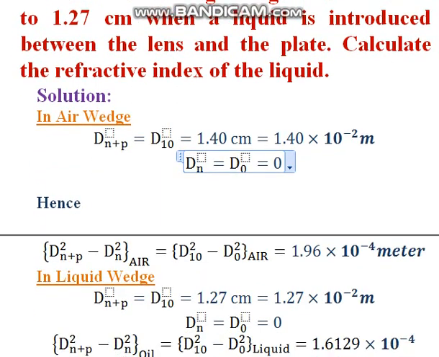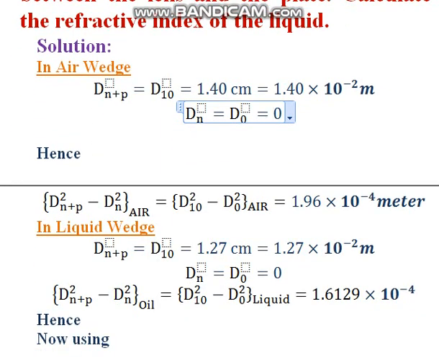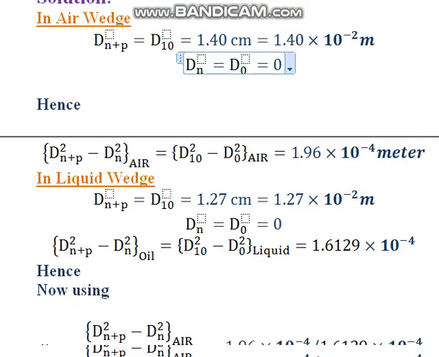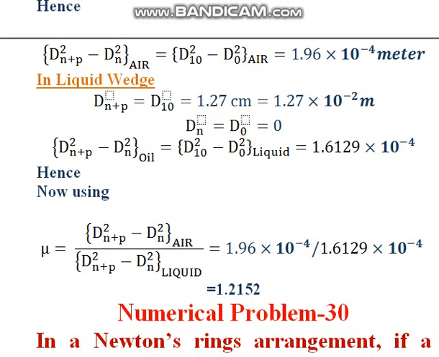And a similar equation may be written for the liquid. In this way we can obtain these two brackets, the difference of the squares of the two diameters in the two media, and their ratio gives the refractive index of the medium.